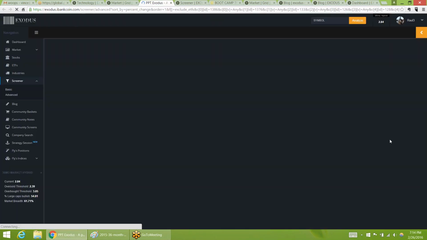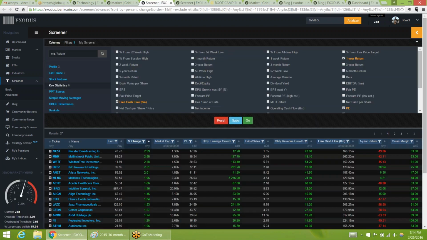And so the trailing 12-month free cash flow was up to 100 million. I believe it was 75 million before. So that was upped, and the PE ratio was dropped down a little bit because these stocks have come down in price, to try and find what's been working.